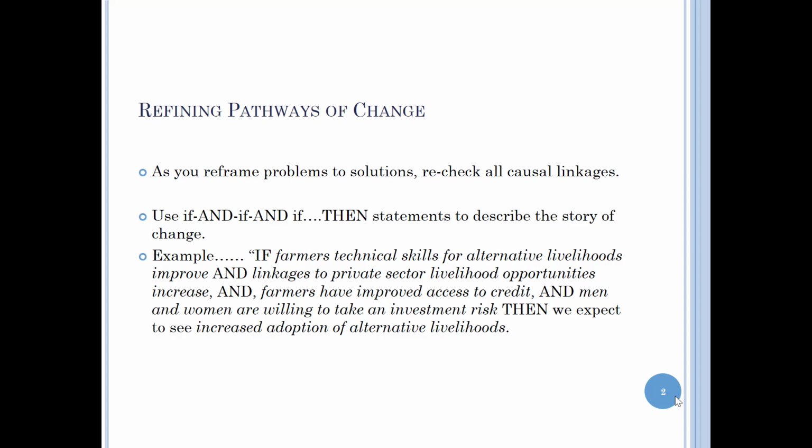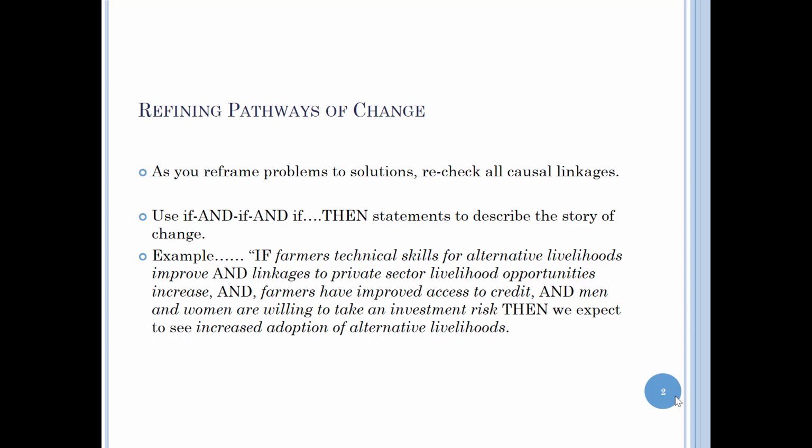So this if-and-then helps you to check if the causal logic is holding, and if you don't have any problems in your causality chain, if everything is okay.